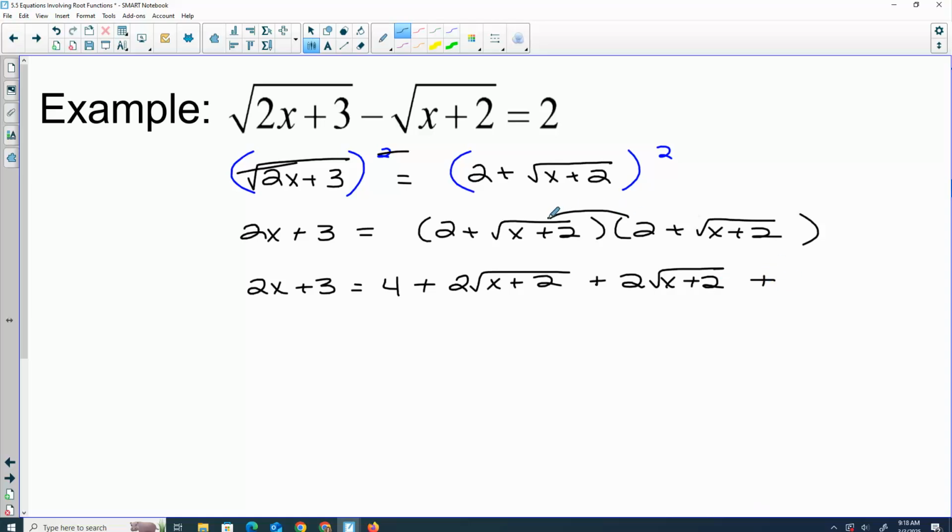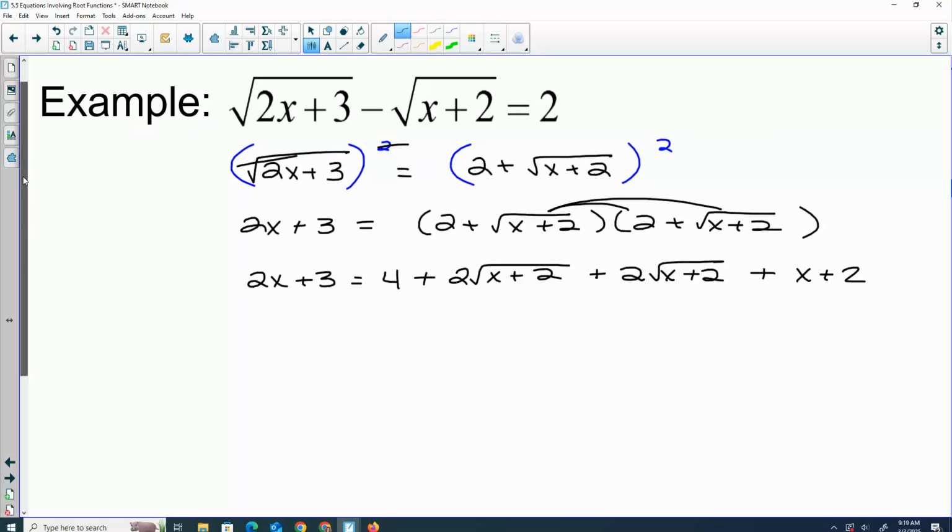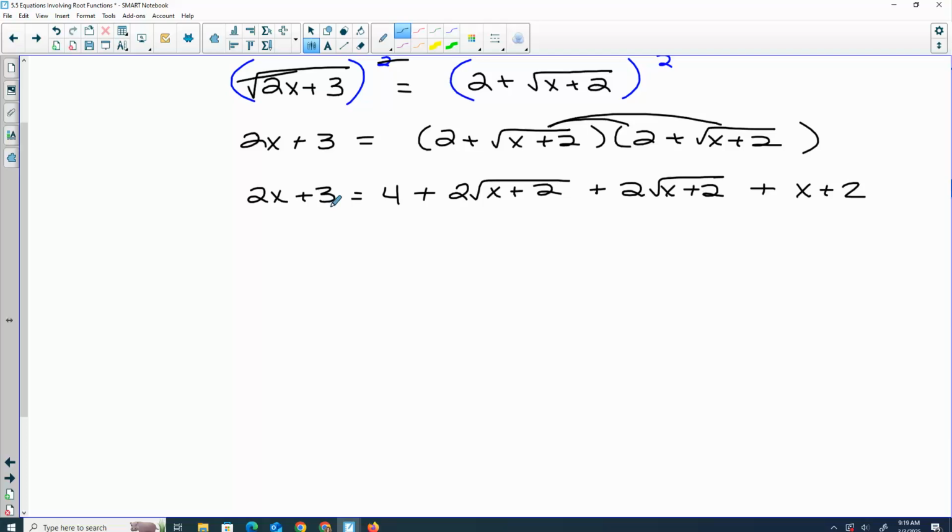What happens when I take the square root of x plus 2 times the square root of x plus 2? It's like the square root of x plus 2 squared, so it cancels that radical. Okay, this is looking pretty ugly, but it's going to get better in just a second. This is the hard step right here, when you had to multiply with that radical.